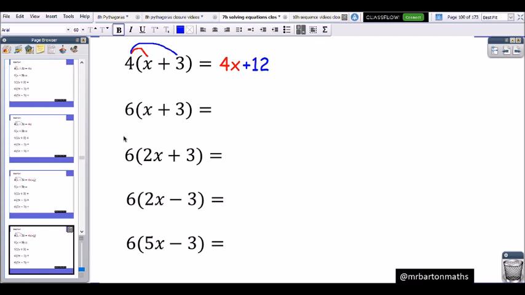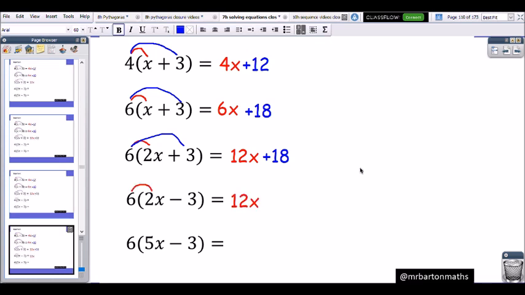Next one, 6 lots of x gives me 6x. 6 lots of 3 gives me 18. Next one, 6 lots of 2x gives me 12x, and then 6 lots of 3 gives me positive 18. Notice how this next question is very similar to the question before. Our answer is going to be similar, but not quite the same. 6 lots of 2x gives me 12x, and then 6 lots of negative 3, be careful, this is a minus 3.